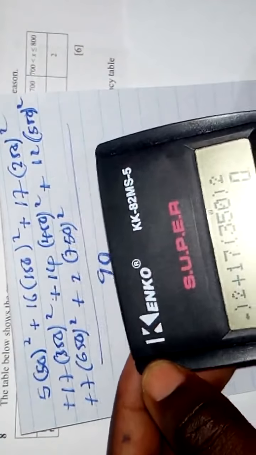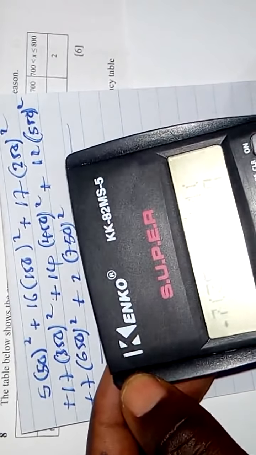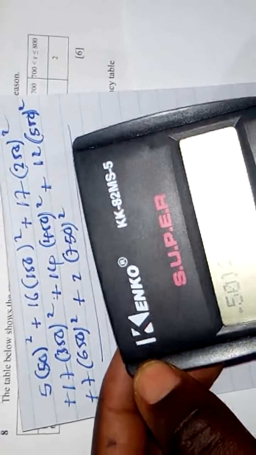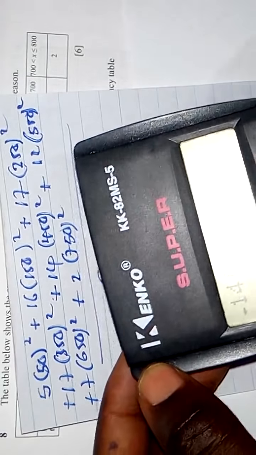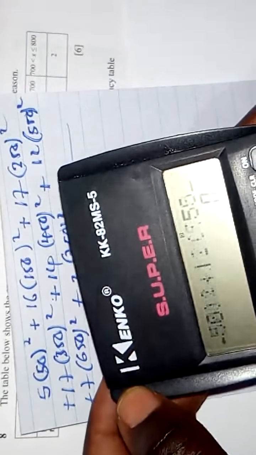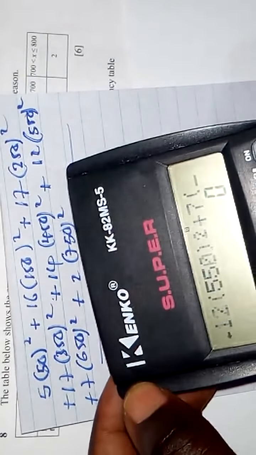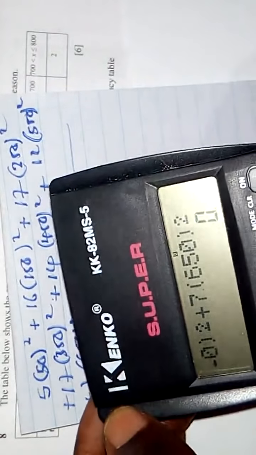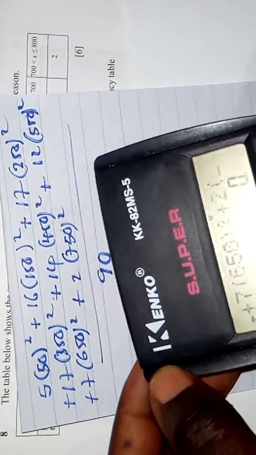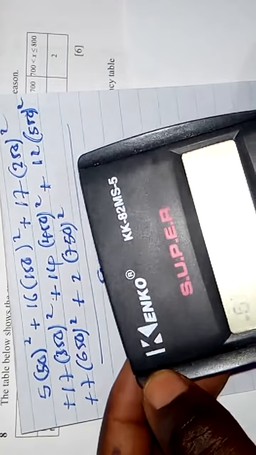plus 14, 450 squared, plus 12, 550 squared, plus 7, 650 squared, plus 2, 750 squared.